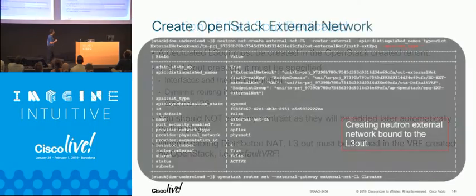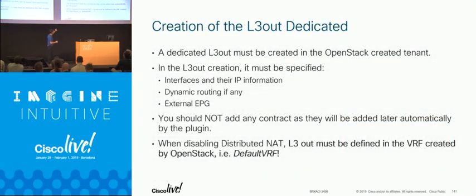No NAT is also possible. The trick with no NAT, again, I'll go a bit quickly through these slides, but you have these slides as reference. For the no NAT use case, the L3 out must be in the same VRF where the OpenStack Neutron network has been created, right?